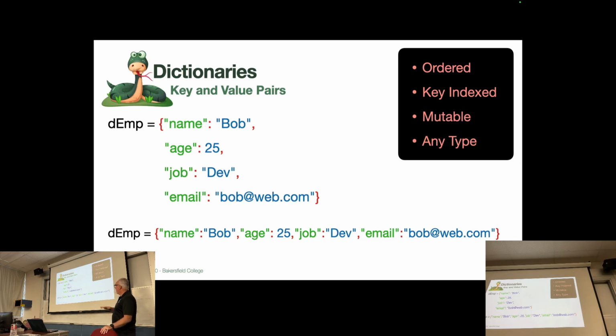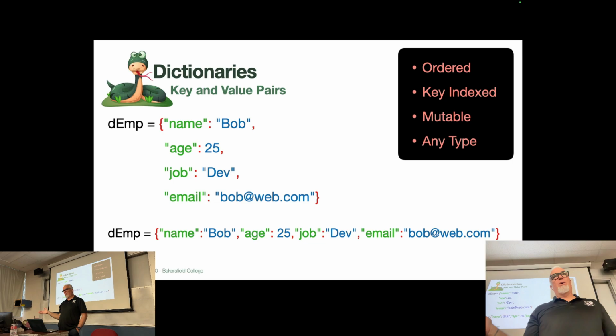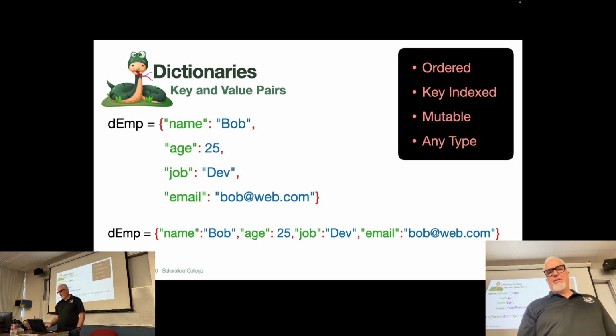Okay, it's a key. So we have key and value pairs here. It's key indexed, which means instead of a number 0, 1, 2, it uses keys to keep track of what's what. It is mutable, meaning we can change anything. We can change a value, we can remove a value, we can add values, all that stuff.